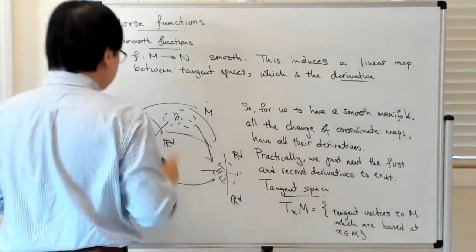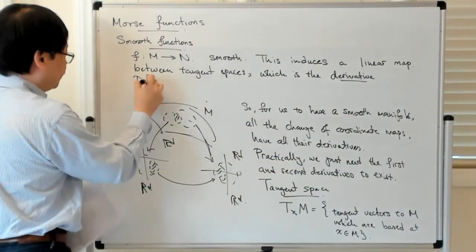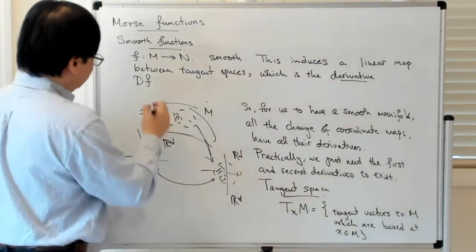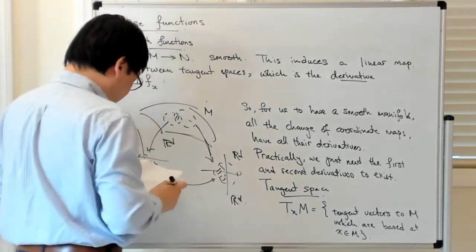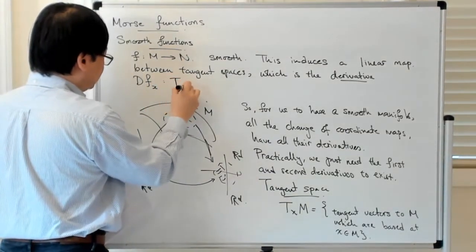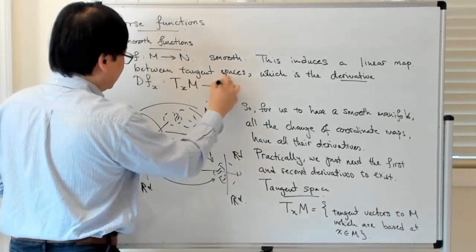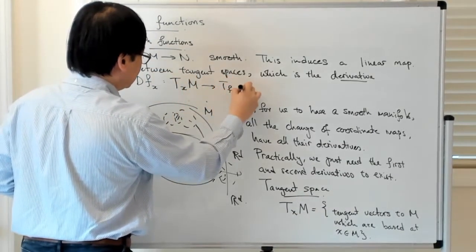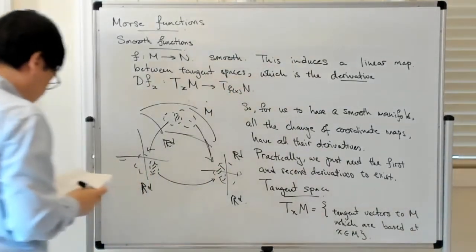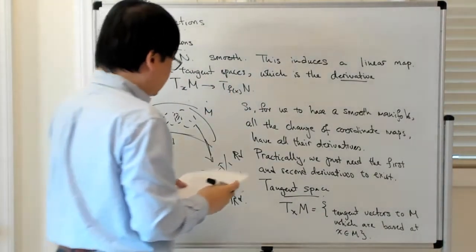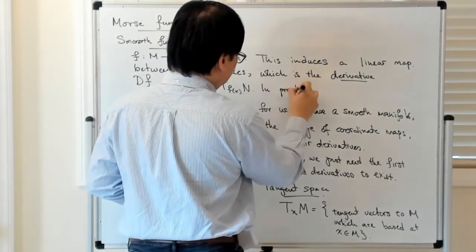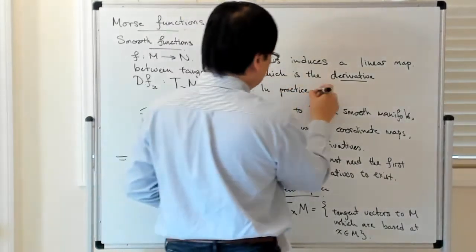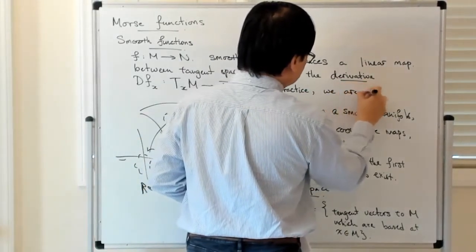It's denoted df, and usually you specify the point where you evaluate it, df_x. This is a map from the tangent space at x to M to the tangent space at f(x) to N.